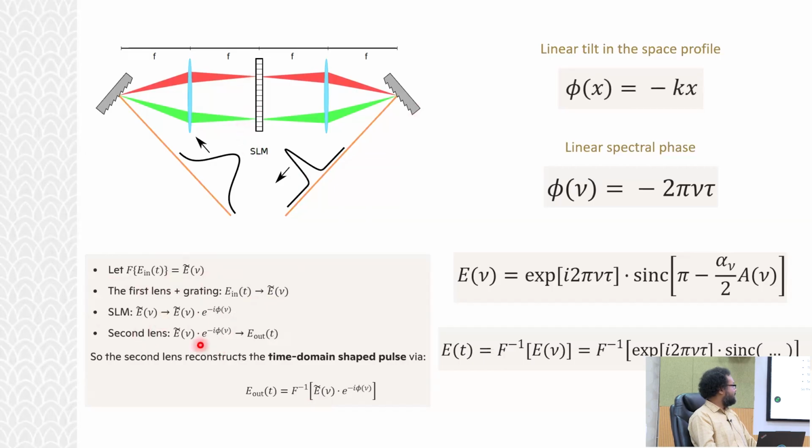The second lens does a Fourier transform, and then you will get an E out of t, which is the Fourier transform of the input field in frequency times a phase. So a phase is effectively imparted on it. So if the phase happens to be a linear spectral phase, which is coming from a linear tilt in a spectral phase profile, you can show that this amounts to adding a finite delay.